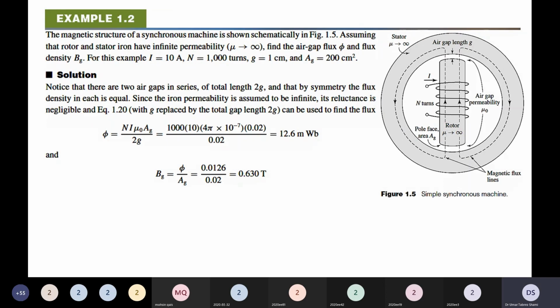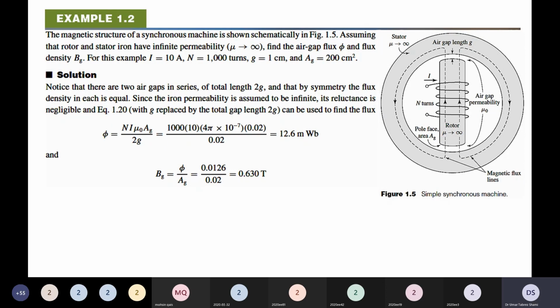This is example 1.2. The example 1.2 states the magnetic structure of a synchronous machine. A synchronous machine is a machine that can convert electric energy to mechanical energy, or mechanical energy into electric energy. It can be used as a motor or as a generator.